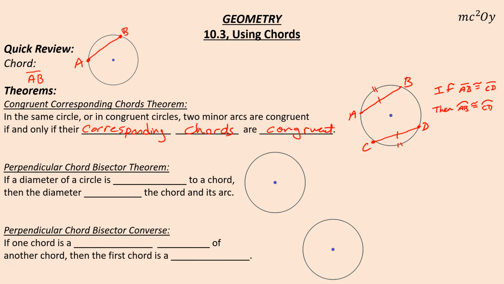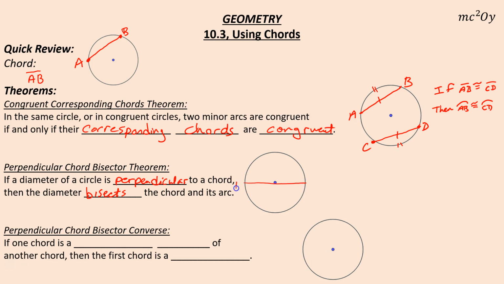All right. The perpendicular chord bisector theorem states that if a diameter is perpendicular to a chord, then its diameter bisects the chord and its arc. So we have a diameter there.